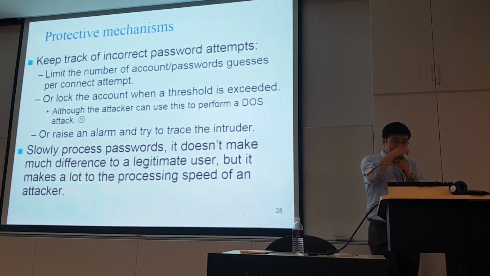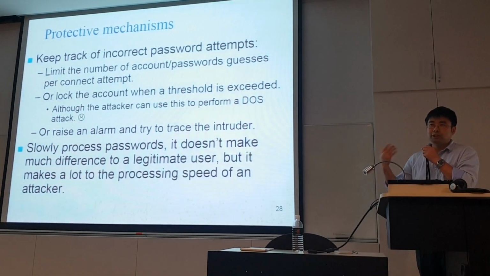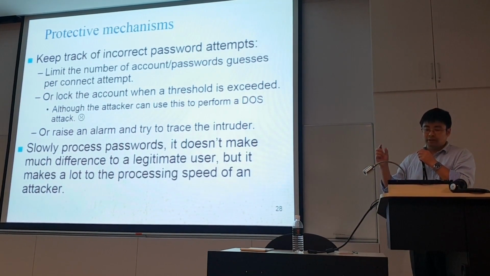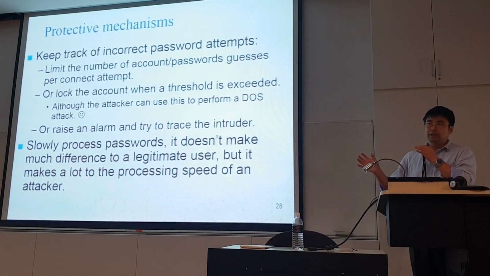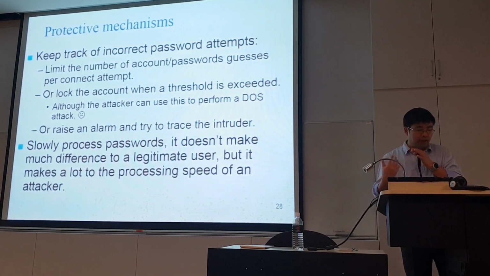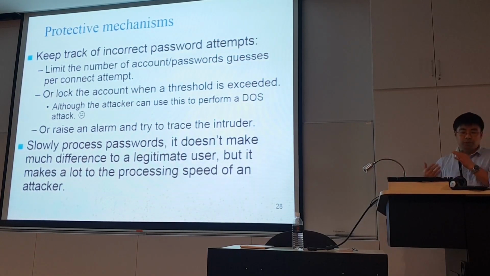But the attacker needs to enumerate all the possible passwords, and each time there will be a half-second delay. You accumulate the delay together, and that significantly delays the overall time for the attacker to find the password.